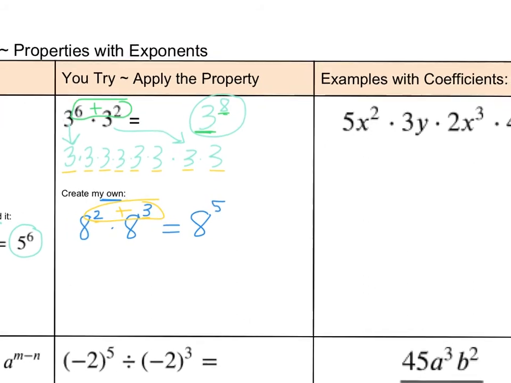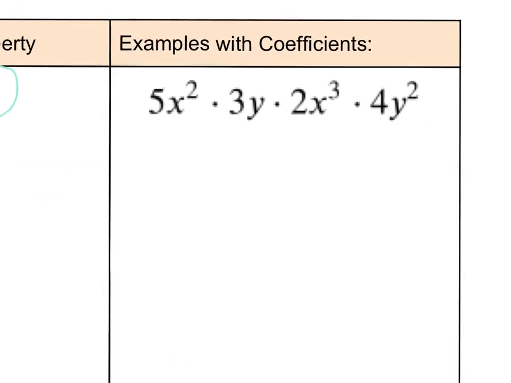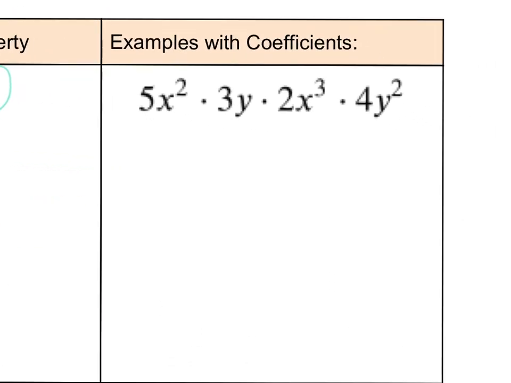Moving to the last column, there are things called coefficients. So a coefficient are the large numbers there that are in front of the variables. So the 5, the 3, the 2, and the 4. So thinking about this property, when the bases are the same, we keep the base and add the exponents.